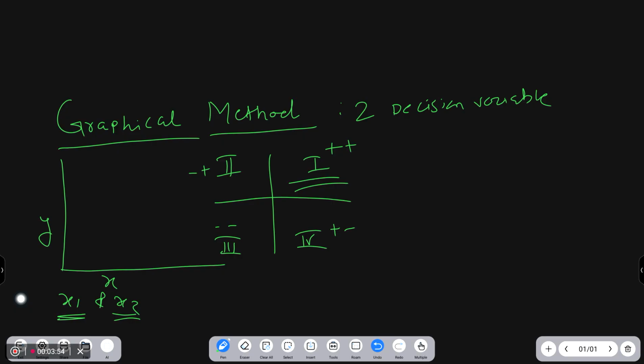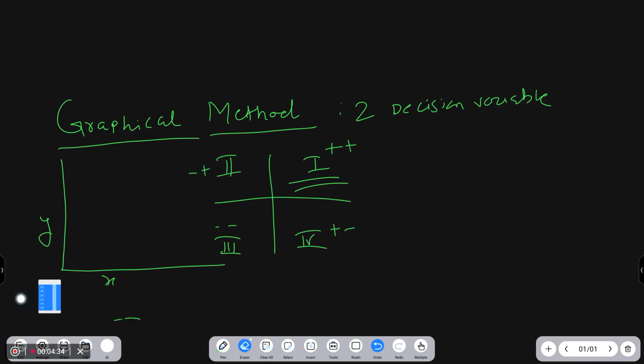You have to plot the graph, and for that only two decision variables must be in the LPP problem. After that, your graph must be in the first quadrant, which is always plus plus. Sometimes your coordinates will be negative, but you have to mark the region in only the first quadrant, right? Clear, everybody?